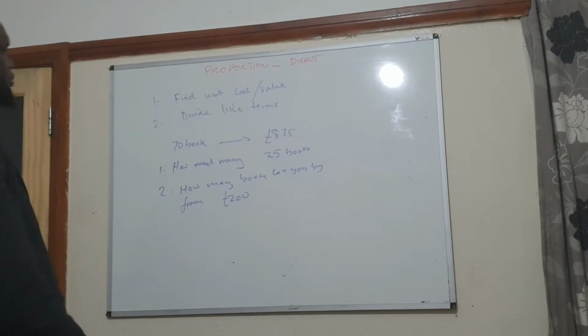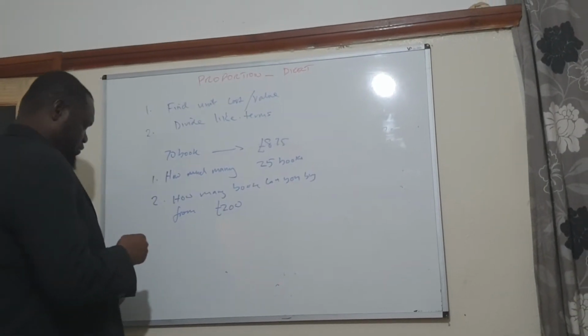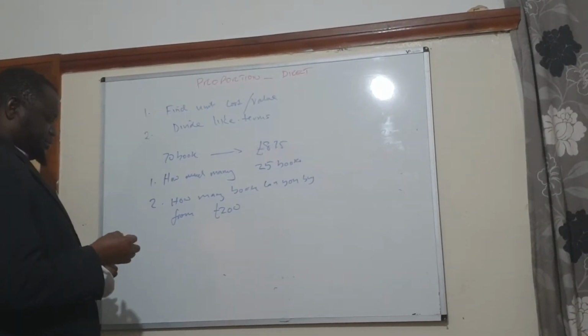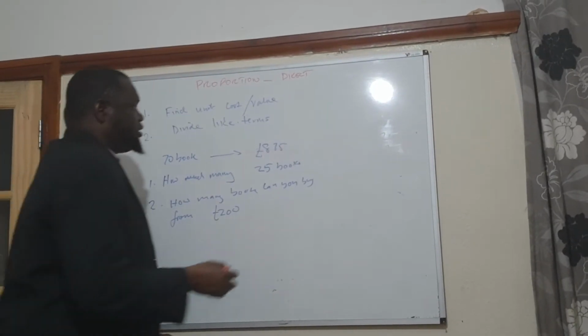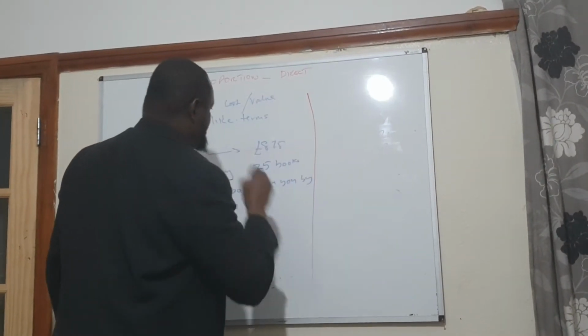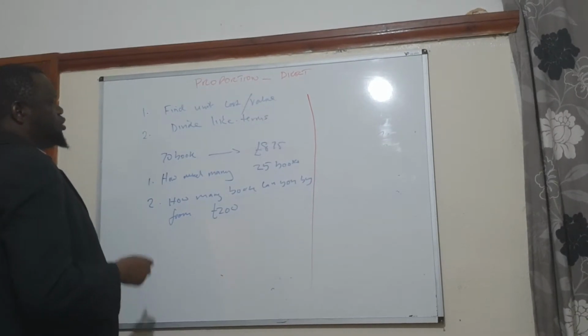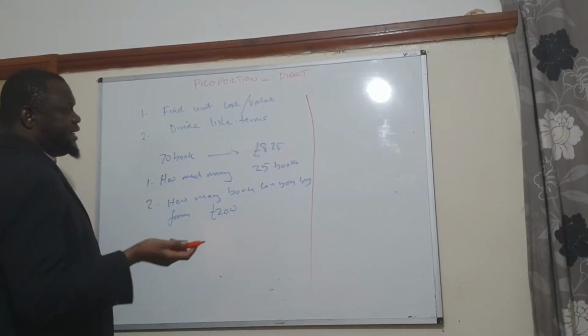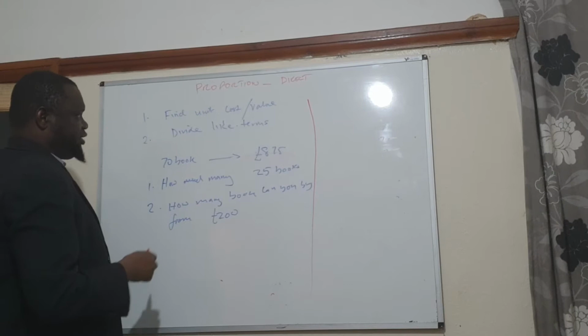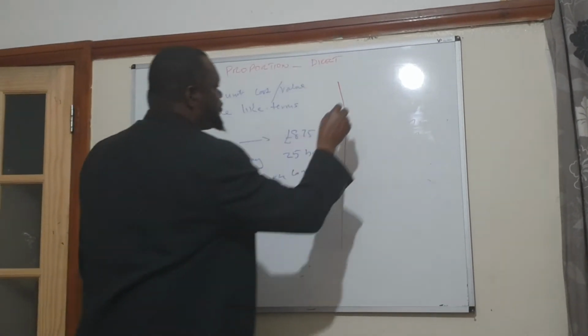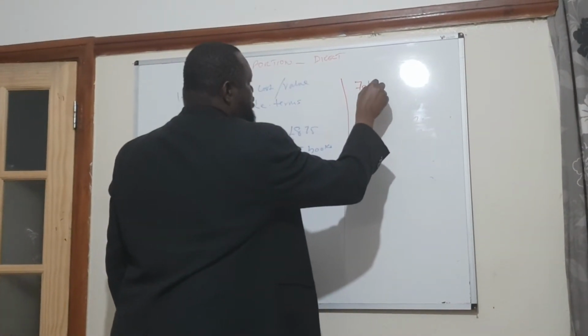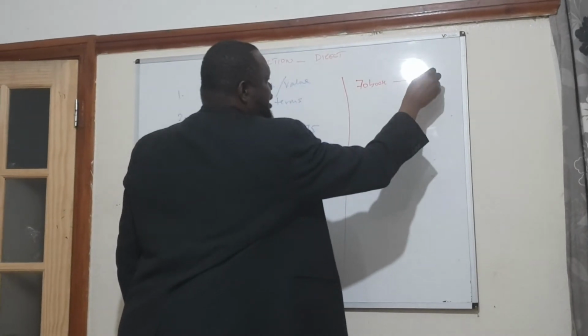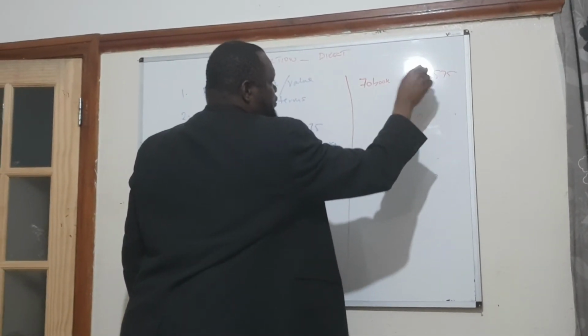Now, let's look at this from here. We can use the unit cost method. We can use the divide like times. Let's look at our divide like times. 70 books cost £875.